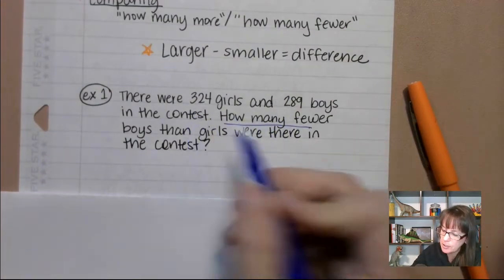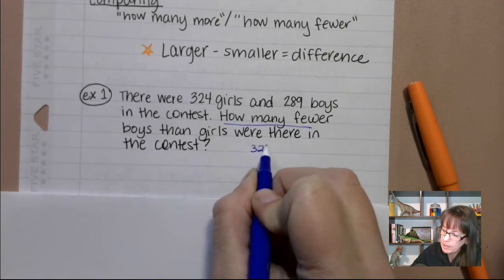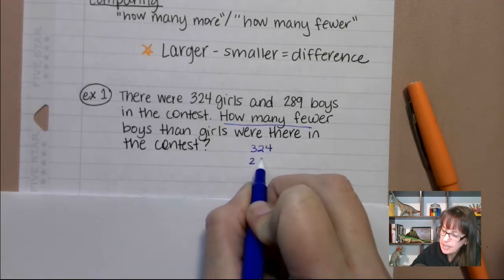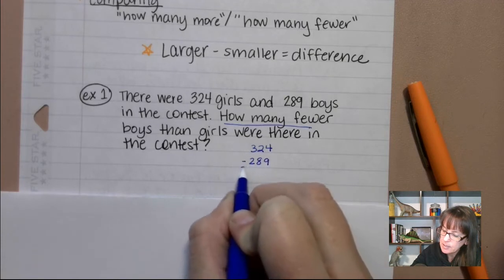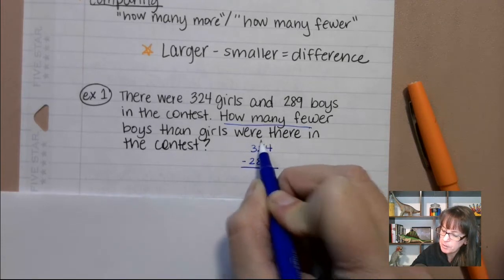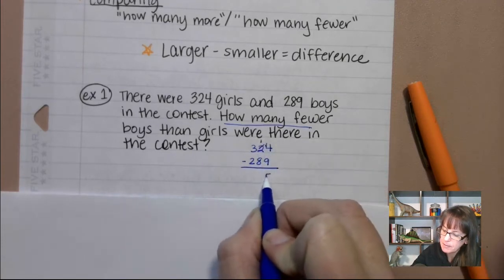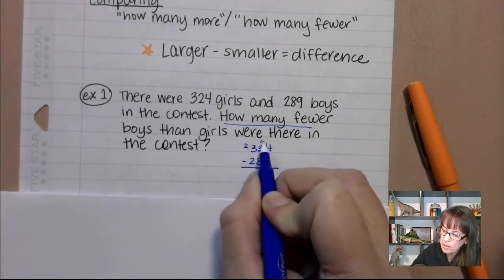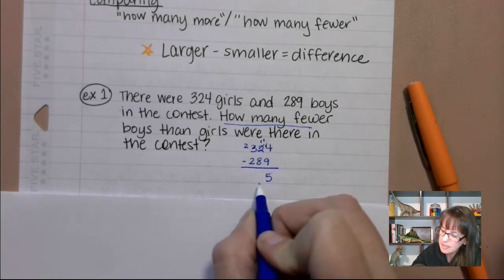So we're going to say the larger is 324, minus 289. Okay, let's go ahead and subtract this. We've got to borrow, so we're going to make that a 1 and that a 14. That's a 5. We've got to borrow, so we're going to make that 11, 8, 9, 10, 11, 3.